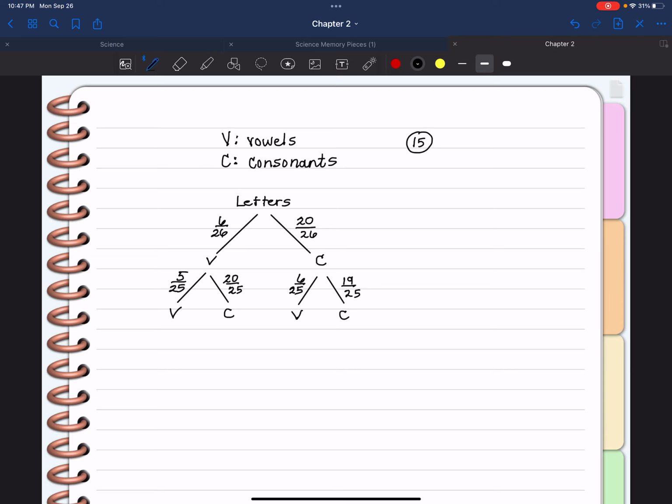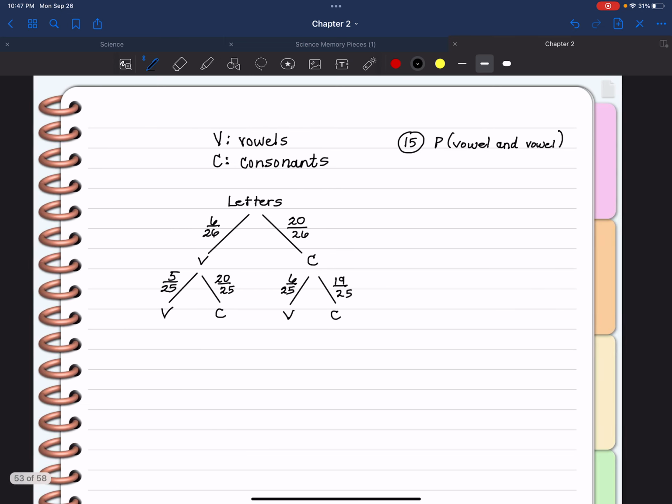What is the probability of drawing a vowel twice? And they said we are not replacing, without replacing, so this is dependent.